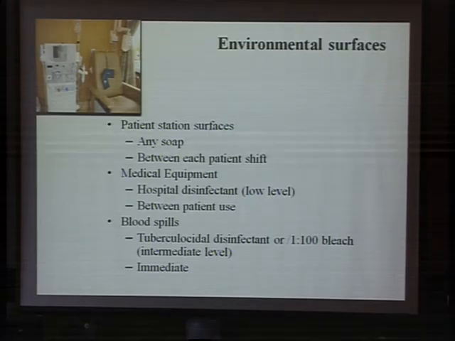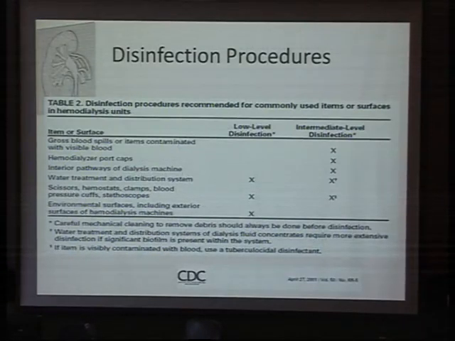So low level if it's not soiled by blood, but if it's soiled, clean, then use an intermediate-level disinfectant, a tuberculocidal agent, or a 1 to 100 chlorine agent. The protocol from the CDC is the same as I gave to you, the disinfection procedure.